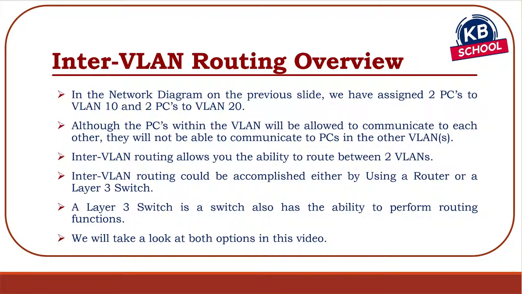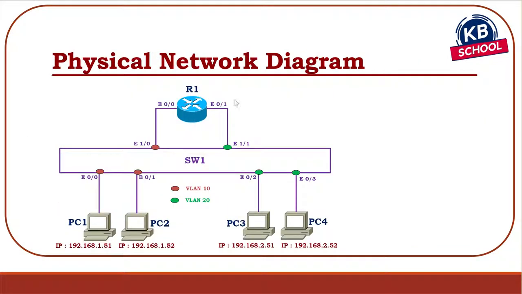All right, so first things first, let's take a look at an example where I'm going to connect two VLANs to each other using a router with two interfaces. We've already discussed that these red ports cannot talk to the green ports. Why? They're in two different subnets.